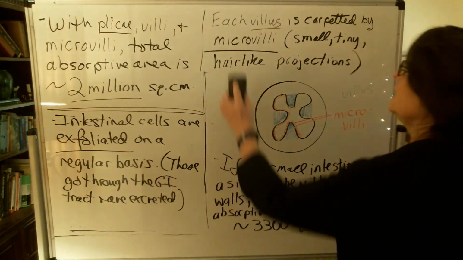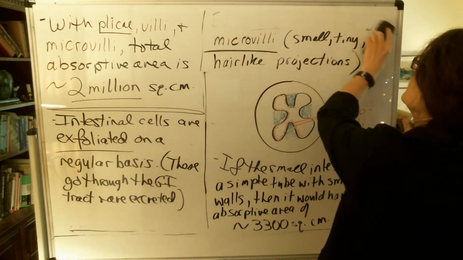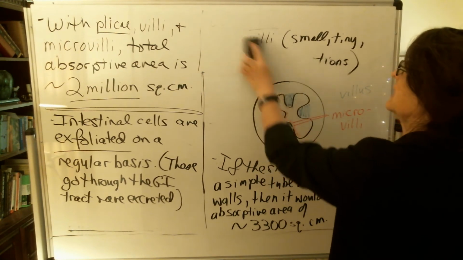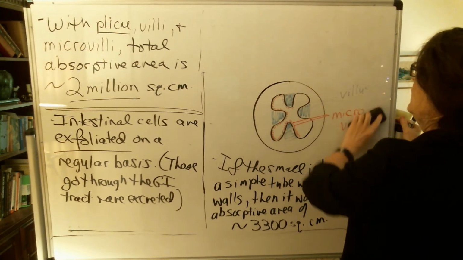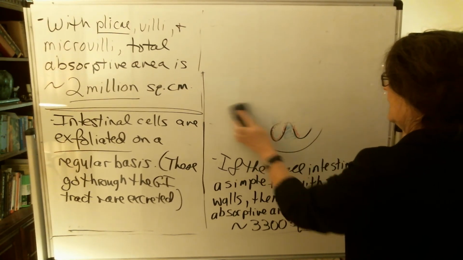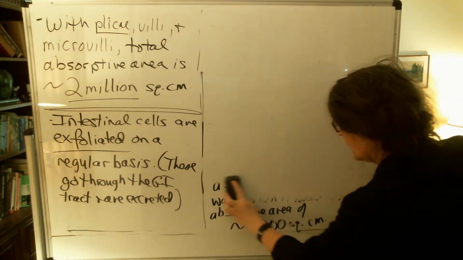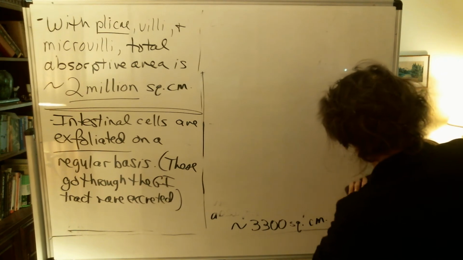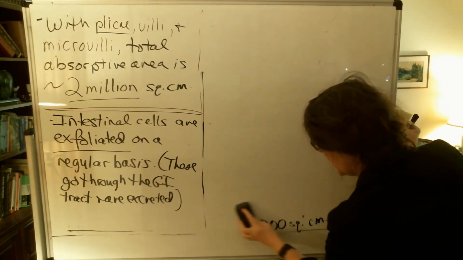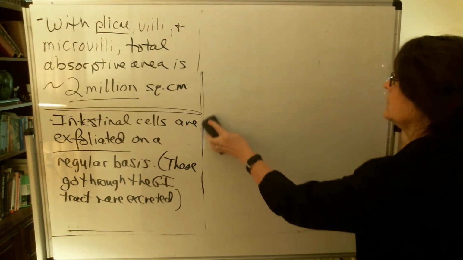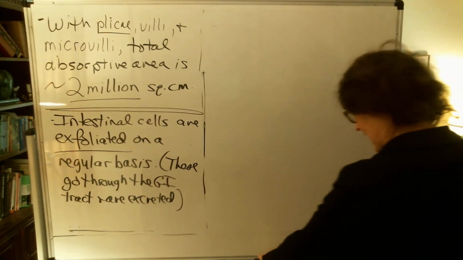Now, just for a little bit of sophistication in your outlook, a little bit of detail as to where we find the villi and the microvilli and plicae and so on, where we find them in abundance and where we do not, that depends a bit on what part of the small intestine you're looking at.